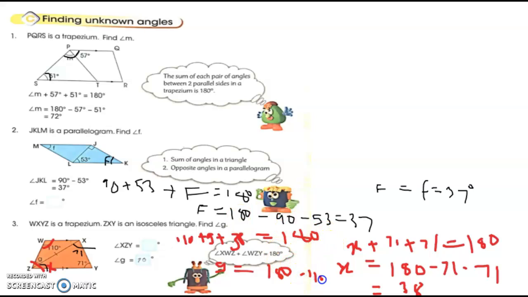Minus 110, I take the result, subtract, right? And then minus 38. That is 180 minus 110 minus 38, which is 32. So I get the G answer is 32. Okay, so G is 32.